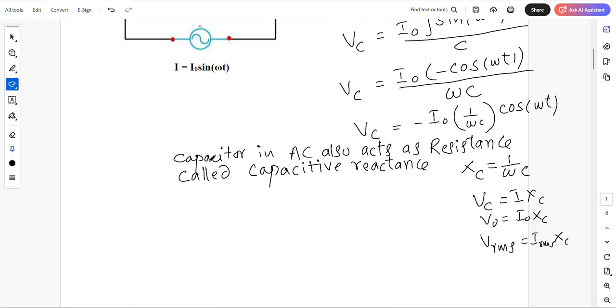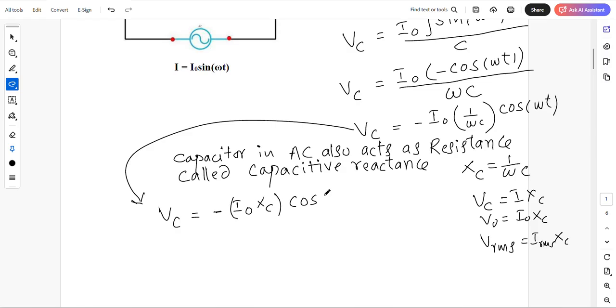Now Vc is equal to minus of I naught Xc into cos of omega t. What is I naught into Xc? It is nothing but V naught. So Vc is minus of V naught cos of omega t.